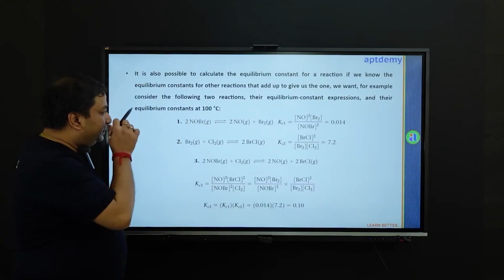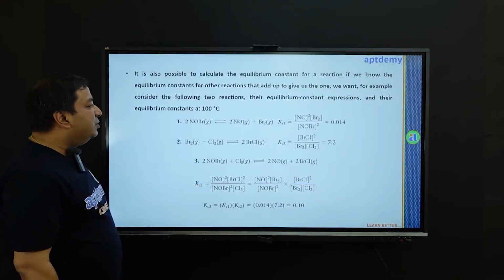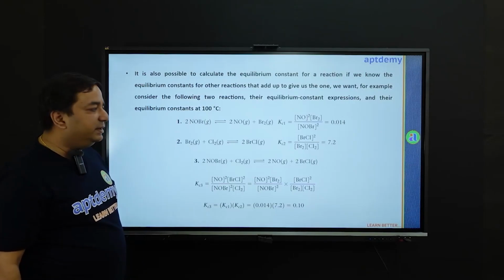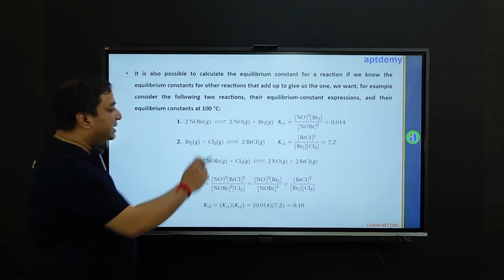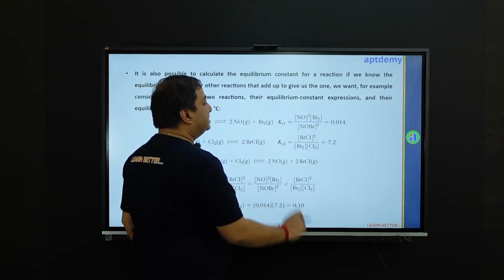So now the first equation is what? 2NOBr gas, reversible arrow, gives us 2NO gas plus Br2 gas.